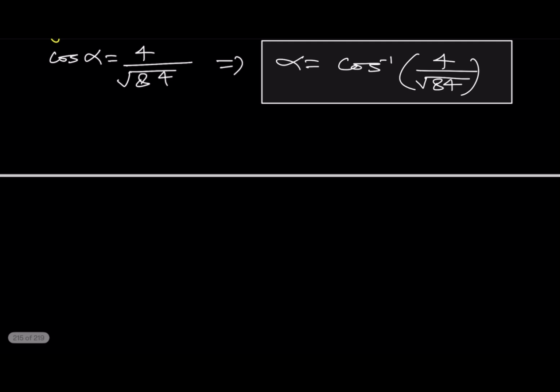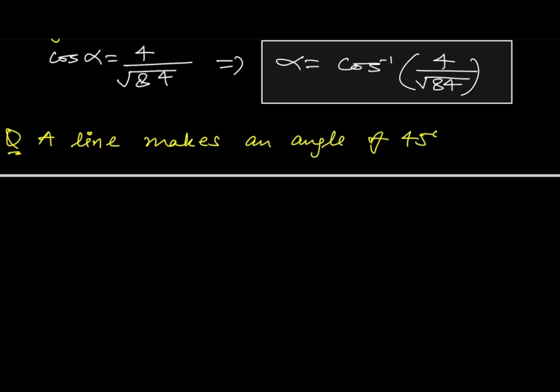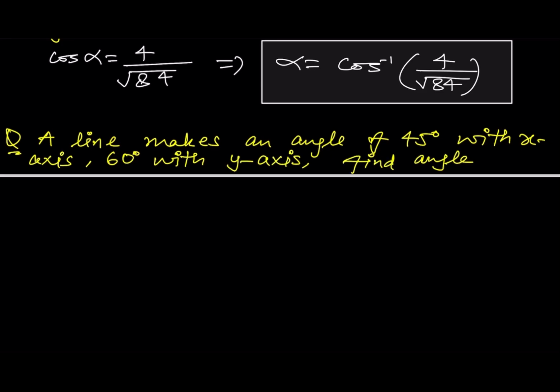Next question: a line makes an angle of 45 degree with x-axis, 60 degree with y-axis. Find the angle with z-axis.